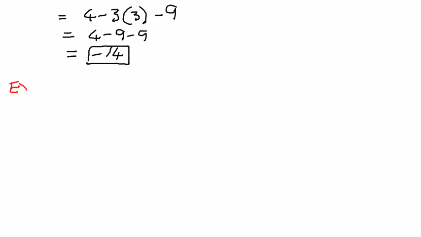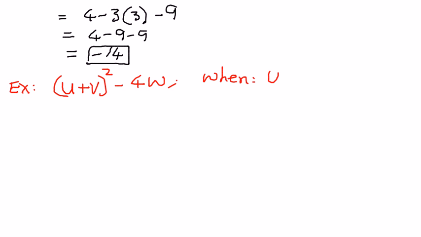Let's say this time we want to evaluate an expression of this kind: (u plus v), this whole thing raised to the power of 2, minus 4w, and the values of the variables we want to substitute are u equal to 4, v equal to 3, and w equal to -2.